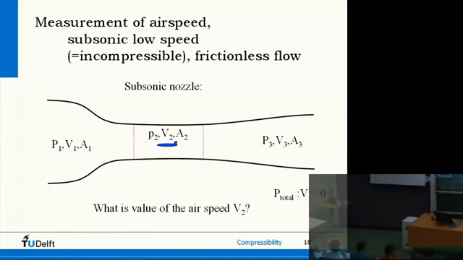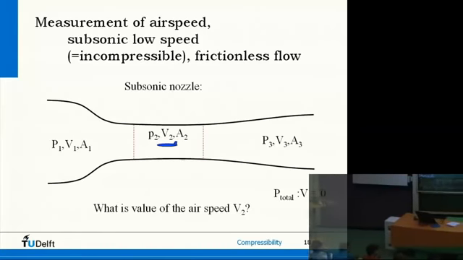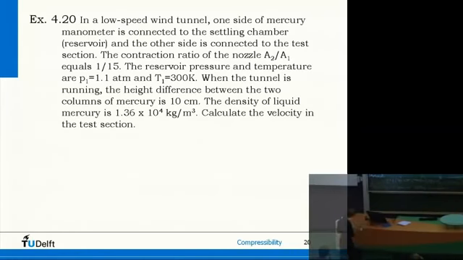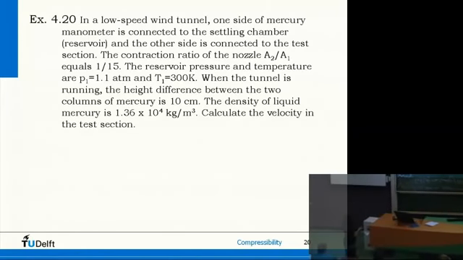Question, what didn't we use? Yes, V1A1, mass conservation. So if you're stuck, read the question again. Is there something given I didn't use? Yes, the contraction ratio. So conservation of mass, the continuity equation.